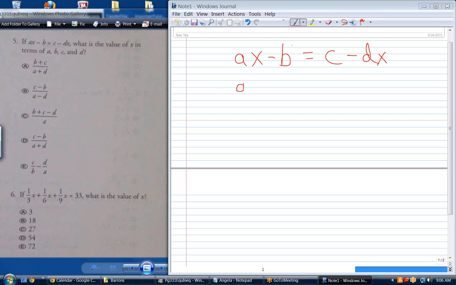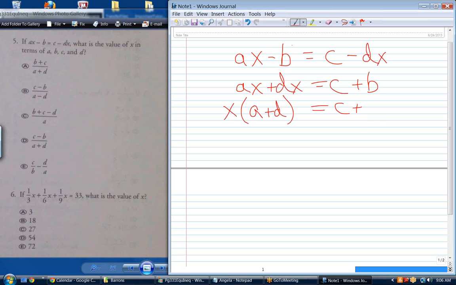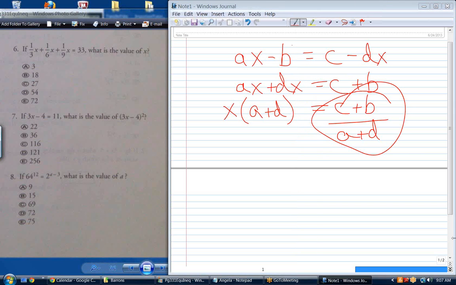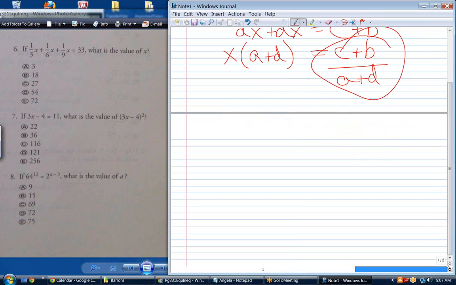So it's ax plus dx equals c plus b. Okay. And then divide both sides by, can I do that? A plus d? Oh no, factor out the x. There you go. And then divide by a plus d. That looks like A.